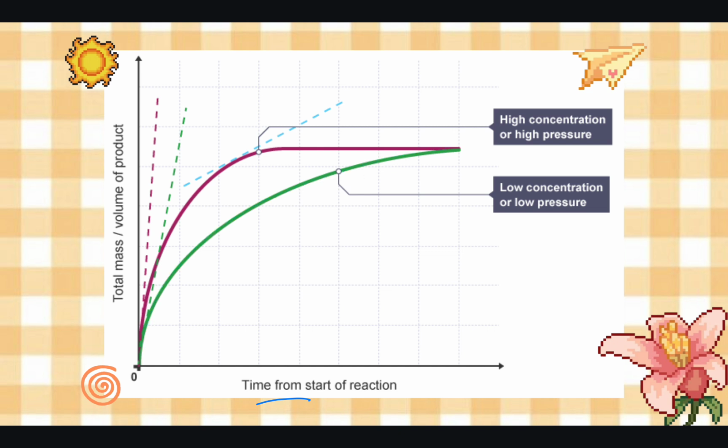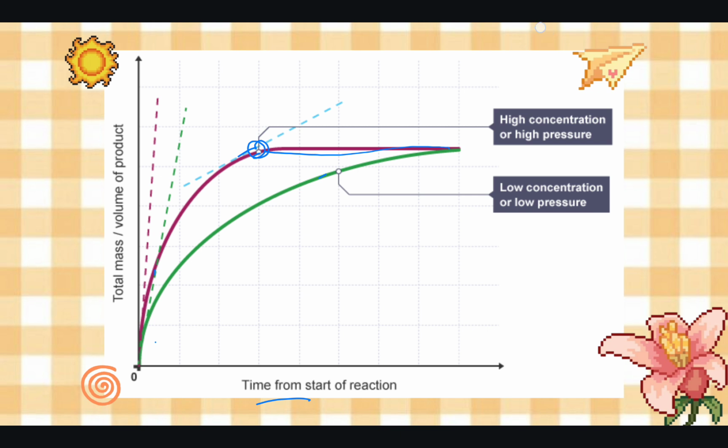We can see the slope, it kind of stops reacting, or all the product is finally used up around here. But this one, the purple one, the products formed much faster and they level out. This one barely levels out around here.